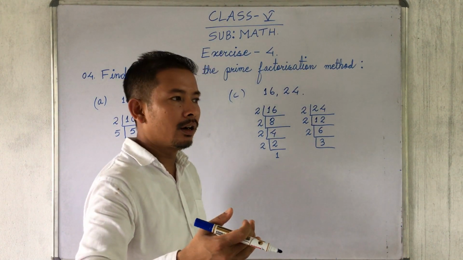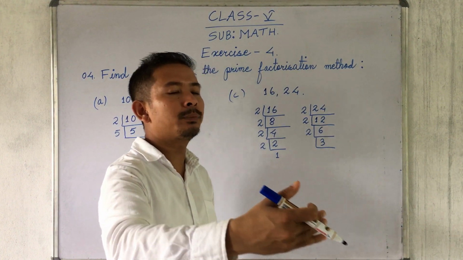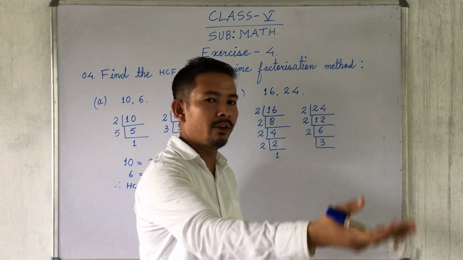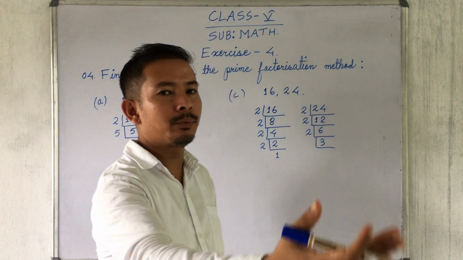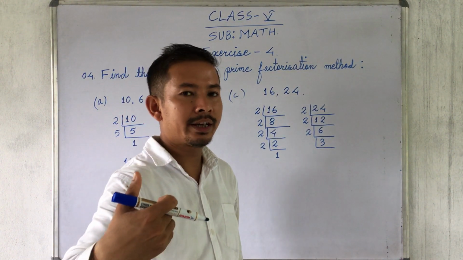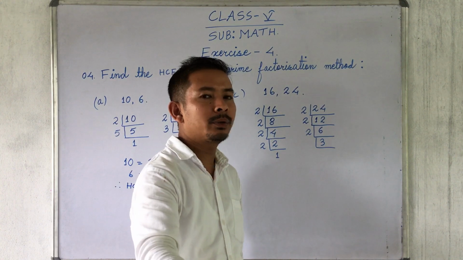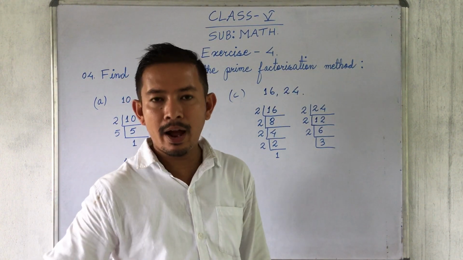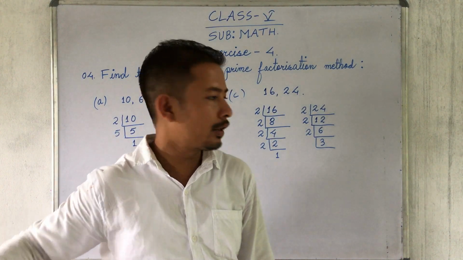Understood? You have to start with the smaller number. If it is possible to divide by 2, then divide it. If not possible, then you have to see the table of 3. If it is not possible to divide by 3, then you need to see the tables of 4, 5, 6, and so on. Understood?